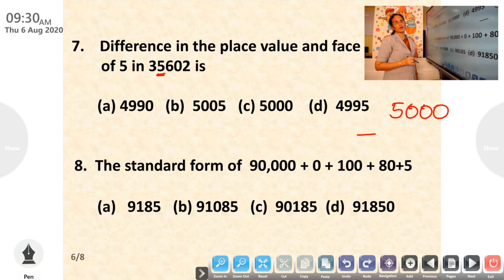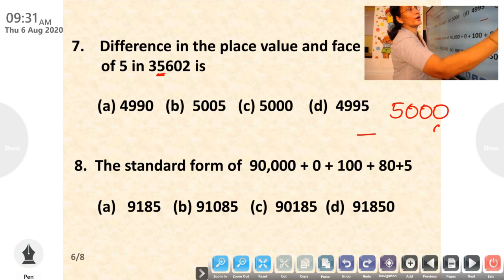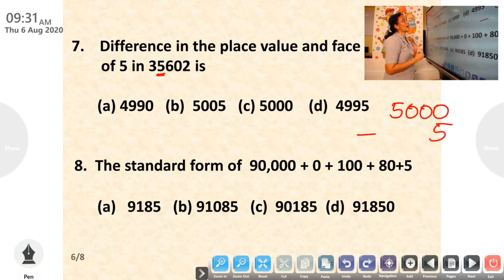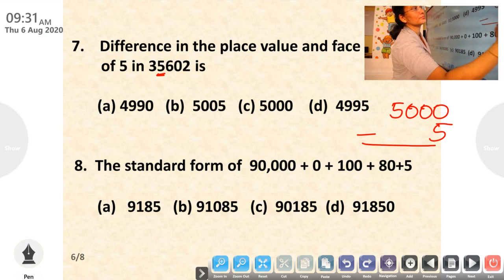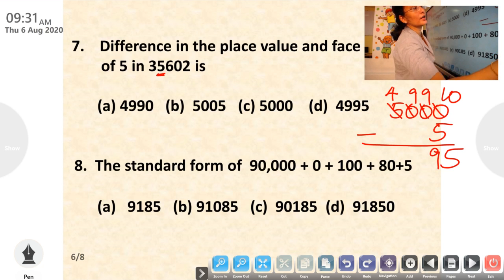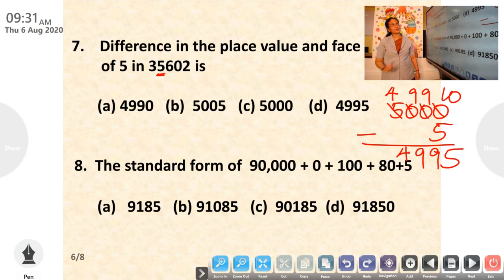What is the face value of 5? Face value of any digit is the digit itself. So that is 5. Okay, so 5,000 minus 5. So you have to borrow from here. All this becomes 9 and the last one becomes 10. So 10 minus 5 is 5. 9, 9, 4. So what is 5,000 minus 5? It is 4,995. So the last one is 4,995. So the correct answer is choice D.